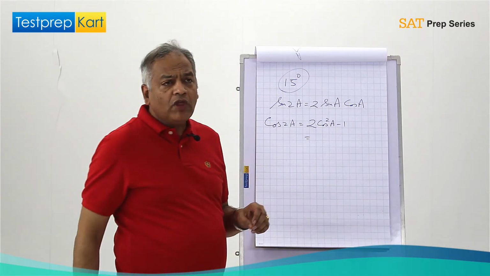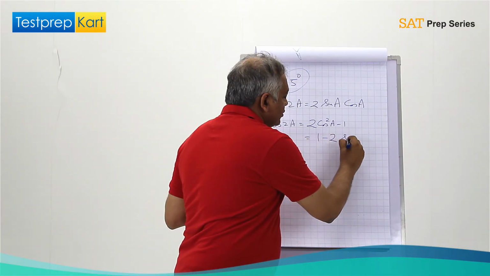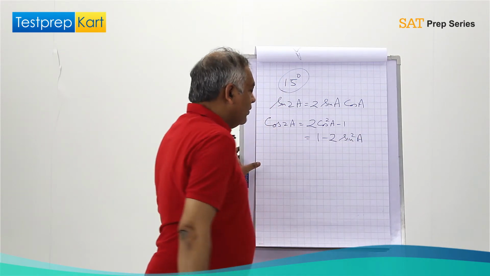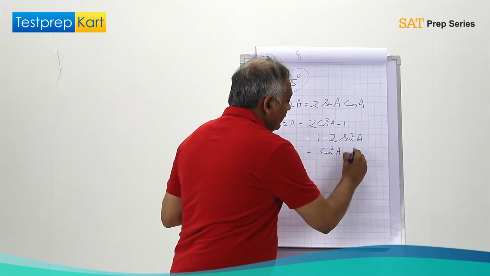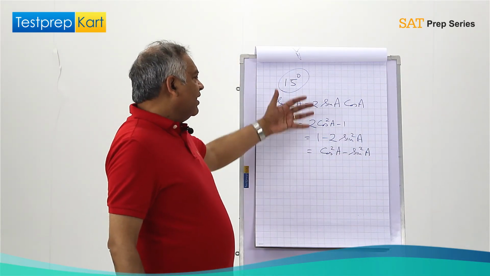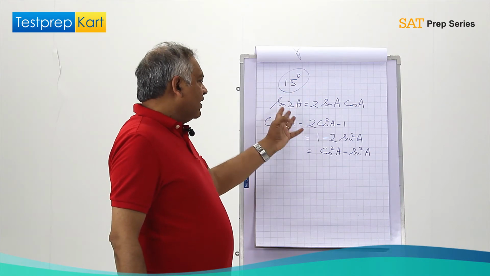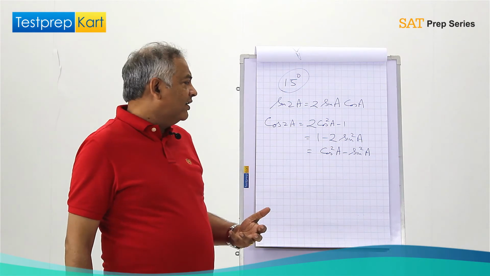Also, this is the same as 1 minus 2 sine squared A, and also equal to cos squared A minus sine squared A. With the help of these double angle formulas, one can prove so many trigonometric identities.